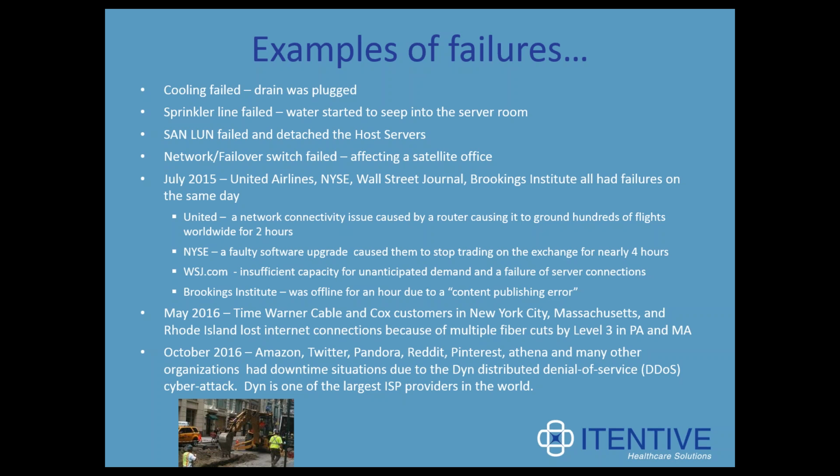The New York Stock Exchange had a faulty software upgrade that caused them to stop trading for nearly 4 hours. The Wall Street Journal had so much access coming into their website that they didn't have enough capacity to fulfill the demand, and that caused a failover and brought their system down. And the Brookings Institute was offline for about an hour that day due to a content publishing error.